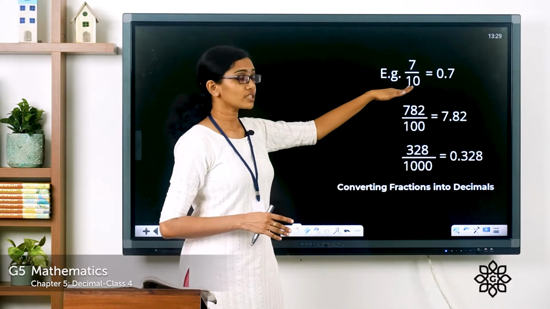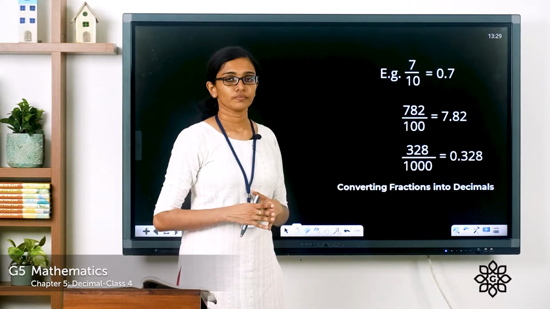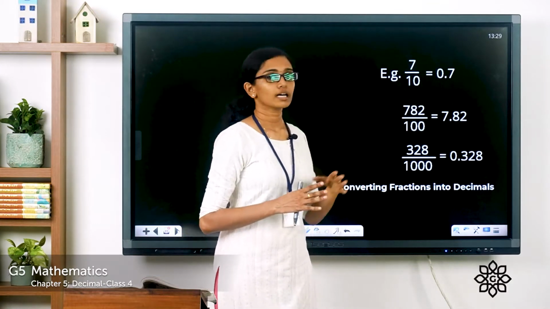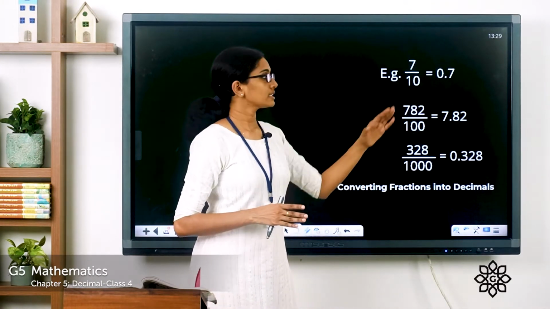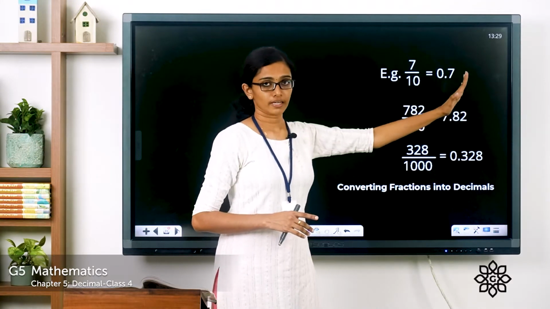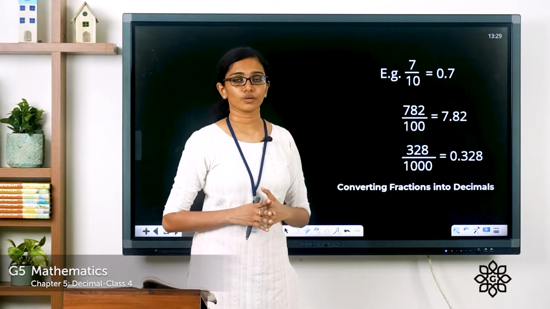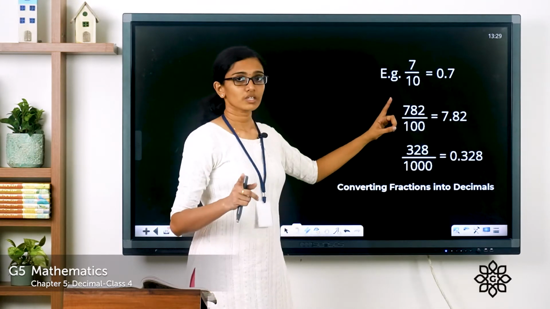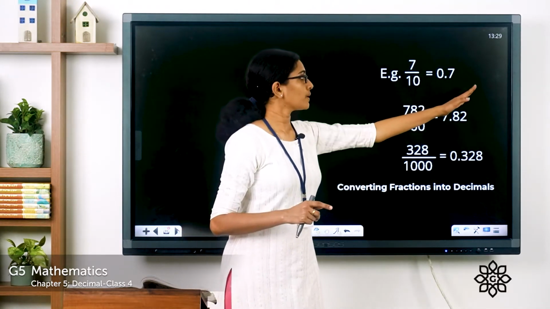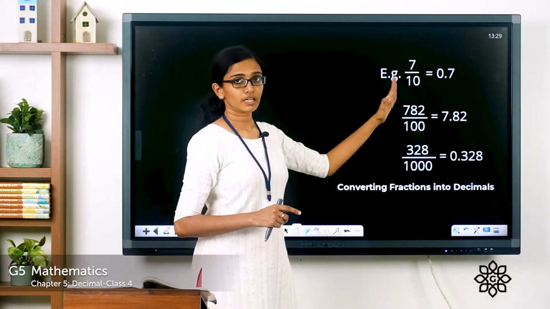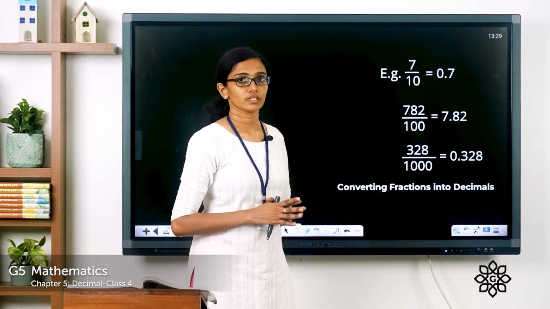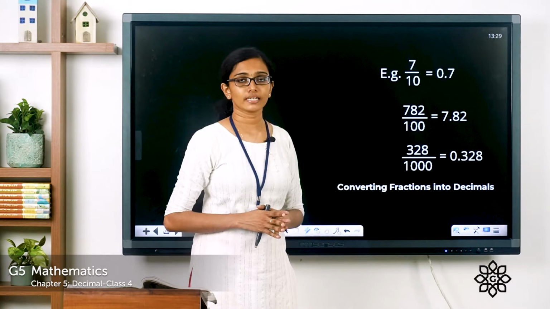So we have how many zeros here? 1 0. So first you write the given numerator, then from the right of the given number, count as many places as the number of zeros. So you have 1 0 here, so count one place, start from the right and move towards the left. And then there you put the decimal point.